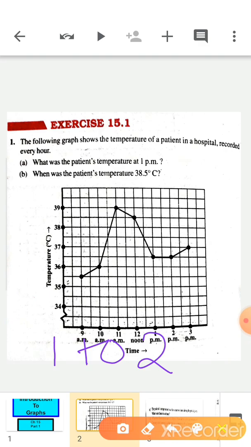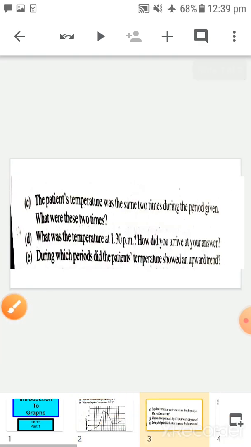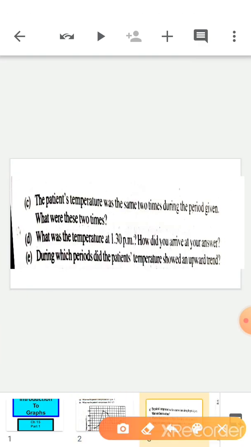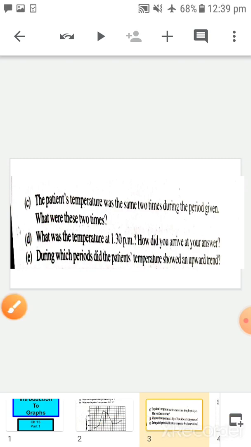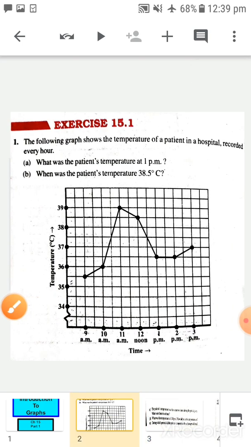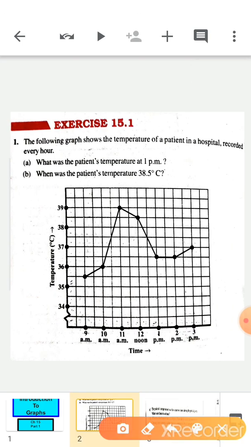Okay, let's see the D part. D part is, what was the temperature at 1:30 p.m. and how did you arrive at your answer? So 1:30 p.m. we need to see. So between 1 and 2, 1:30 p.m. will be there. Okay, that is natural.